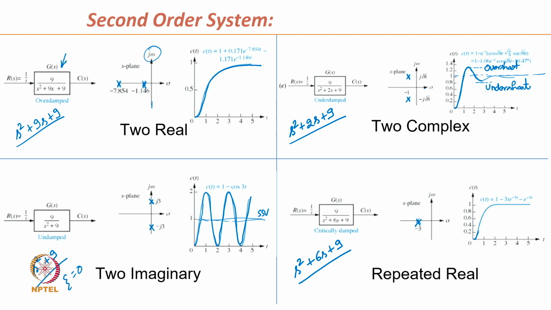If we plot the output of this system, that comes out as critically damped. The system achieves the output at a very fast rate compared to the overdamped case and reaches the steady state value. So, these are the 4 cases of output response which depend on the roots of these characteristic equations.